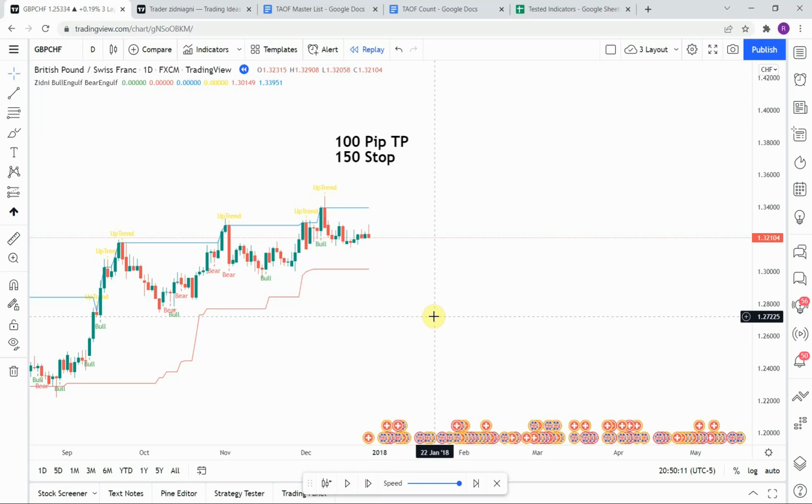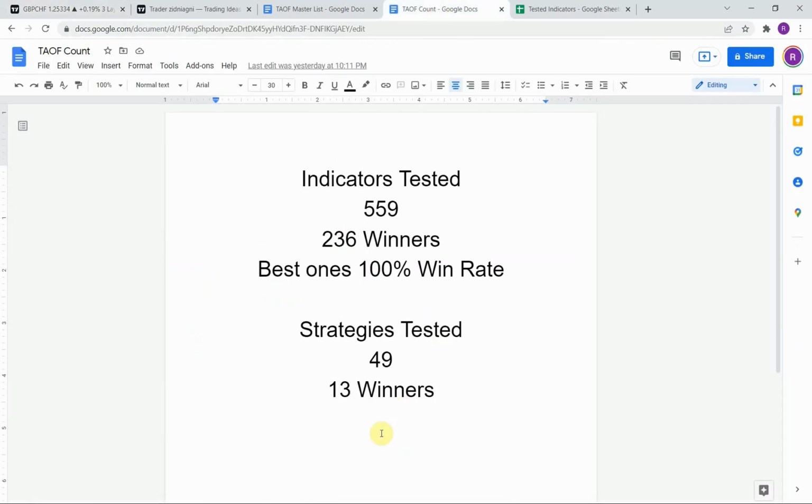Alright, as I said, today we will be testing the Zidni BullEngulf BearEngulf indicator. Before we do though, I wanted to put the testing scoreboard up for everyone to see. To date, we have tested a total of 49 different strategies, with 13 of them being profitable. We've also tested a total of 559 indicators, with 236 of them being winners.